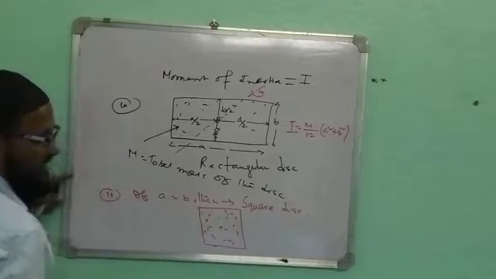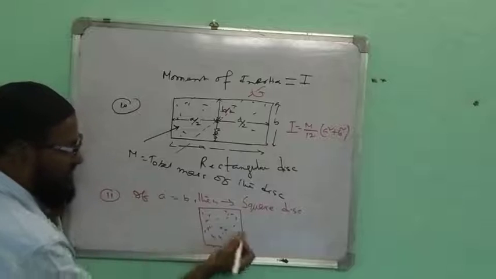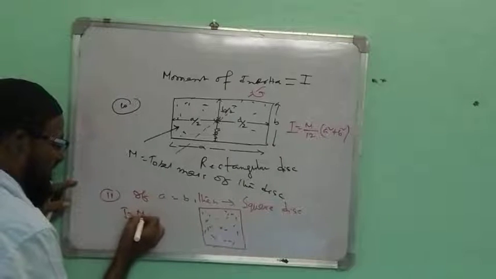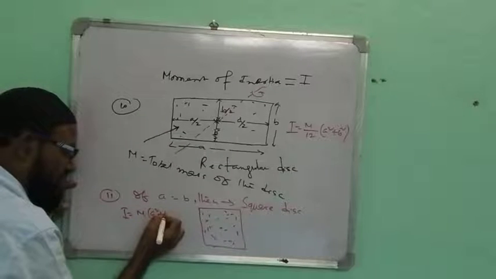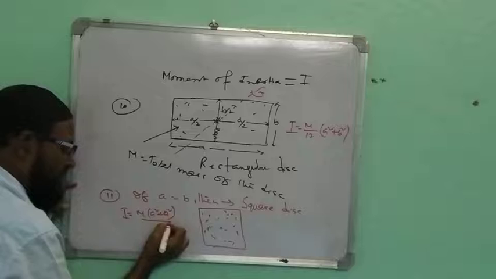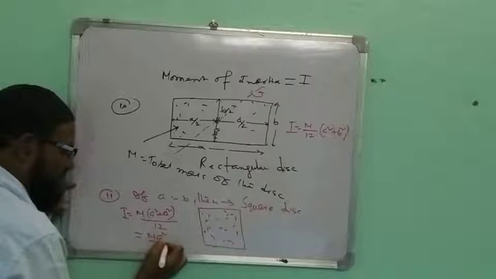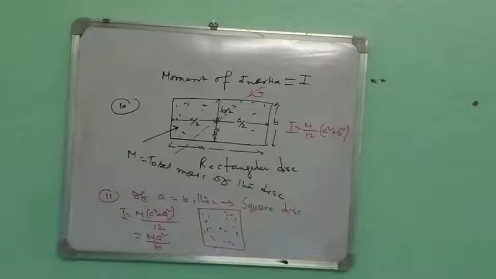This is the axis of rotation. Here, what is the formula for I? I equal to M times (A square plus A square) divided by 12, that equals M A square by 6. This is the answer. Okay?